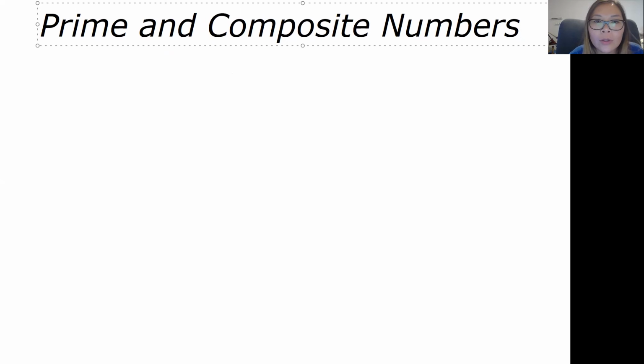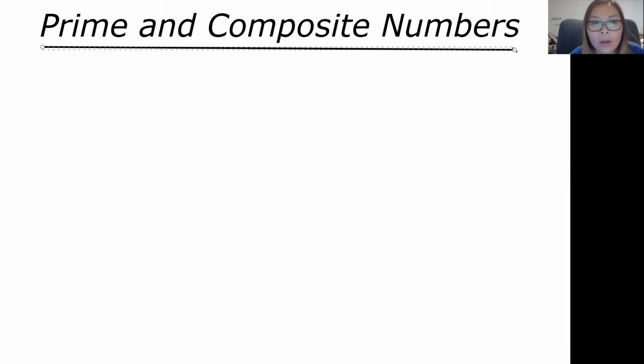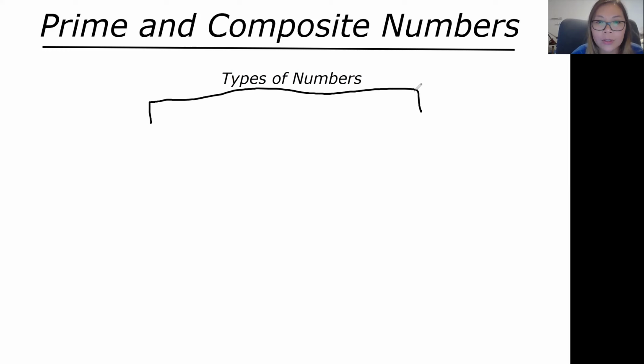Okay, so we are going to do a very quick graphic organizer. We're going to start the graphic organizer with a tree map. Okay, so we're going to do types of numbers.